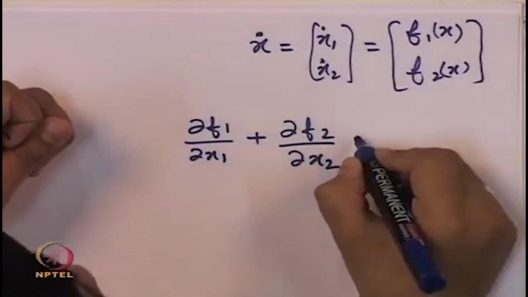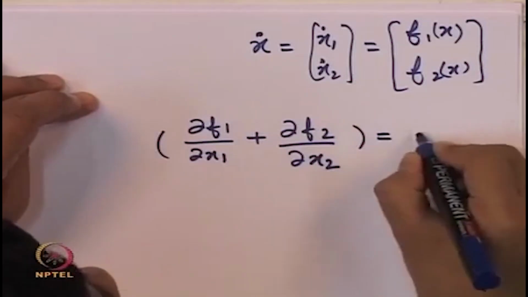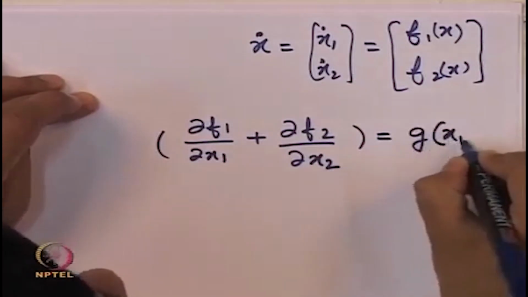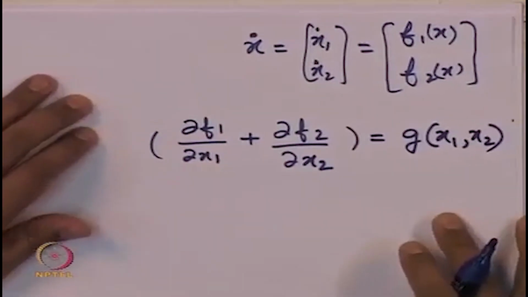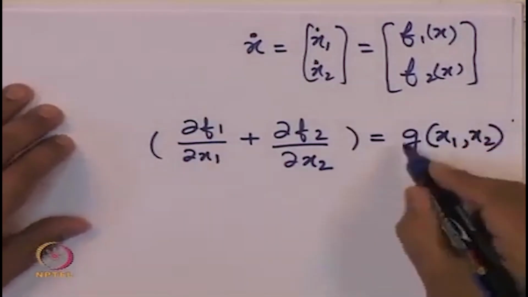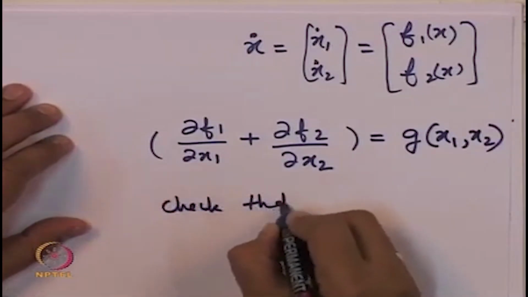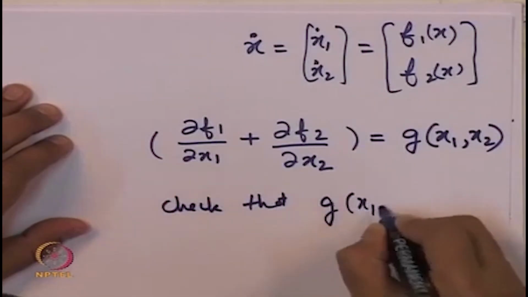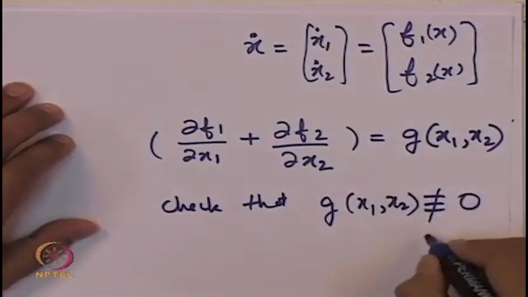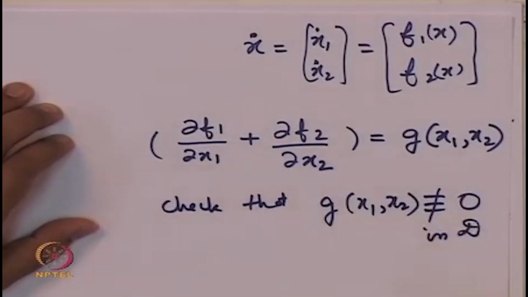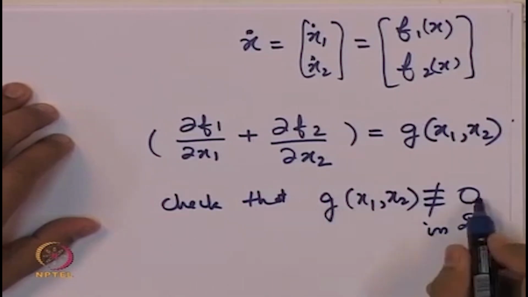This particular quantity is some function. Suppose that function is called g, which depends on both x1 and x2. So what does the Bendixson criterion say? You check that g of x1, x2 is not identically 0 in D. D is a region, and inside this region this quantity is not identically 0.